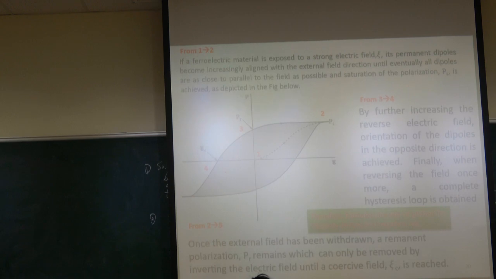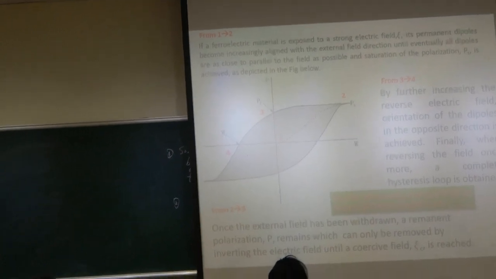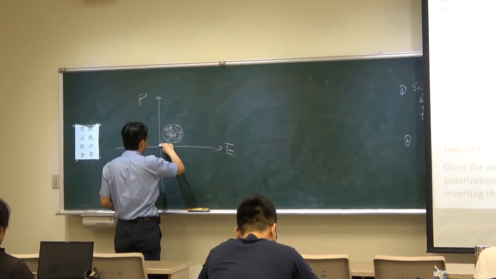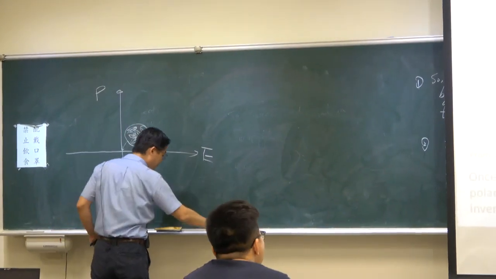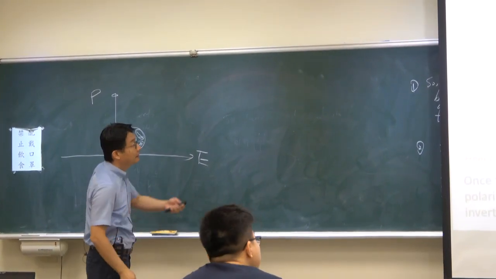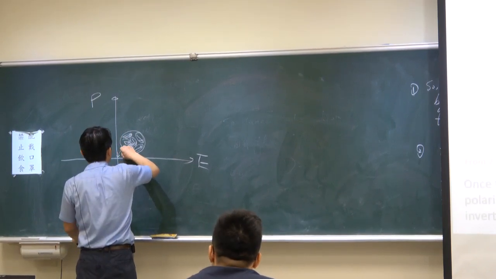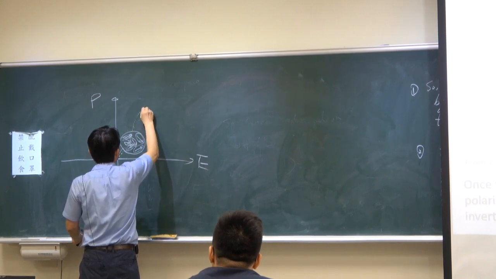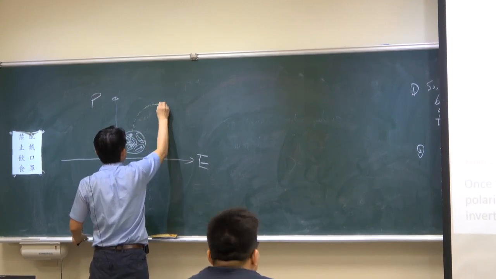So at the initial, the polarization may be random. And once we apply an electric field, you could see it will look like that. Polarization will be increased to here.